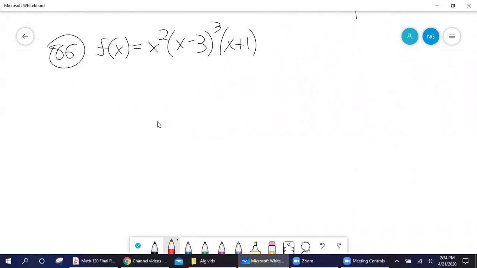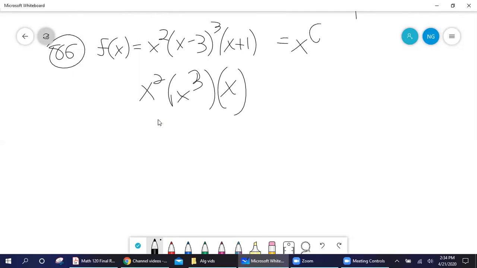Now, for the end behavior, I have to imagine what this would look like if I multiplied it all out. Not all of it, because I don't actually do it, but I would have an x squared. The x minus 3 cubed would lead with an x cubed. And then I'd have an x to the first.